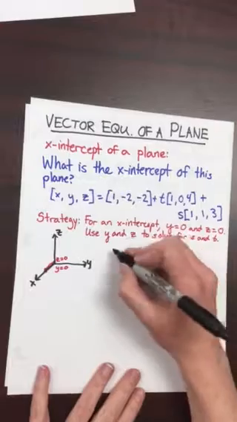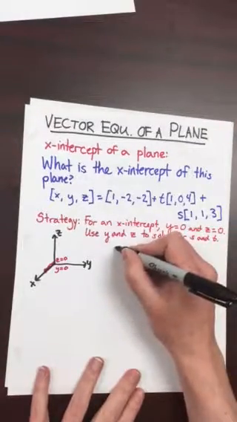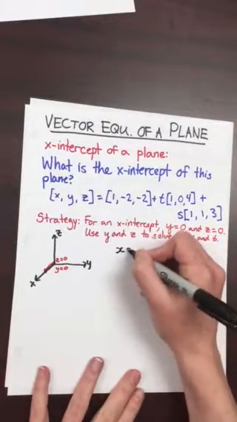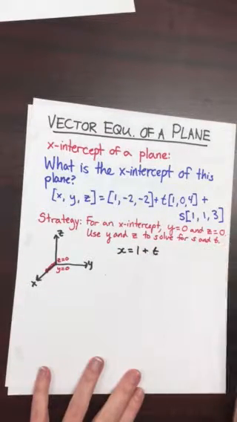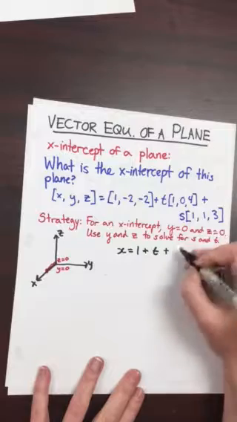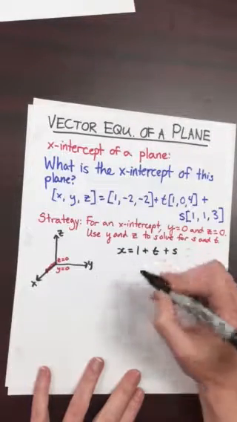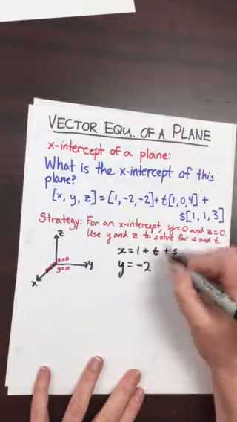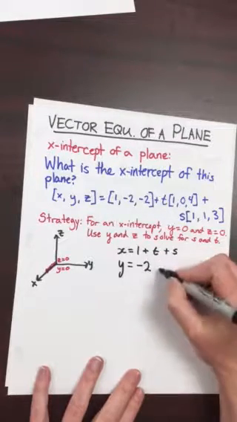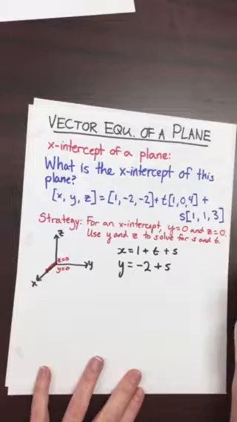So let's write out our parametric equations here. I have x, that's the one I don't know. X is equal to 1 plus t times 1, so t, plus s times 1, which is s. And then I have y. Y is equal to negative 2 plus 0t, so nothing there, and then plus a single s.